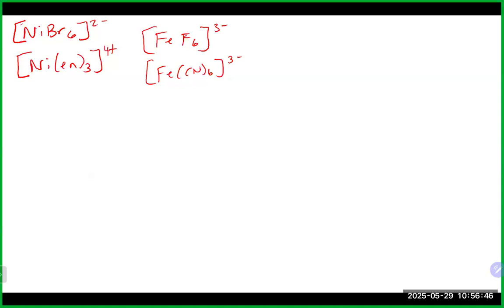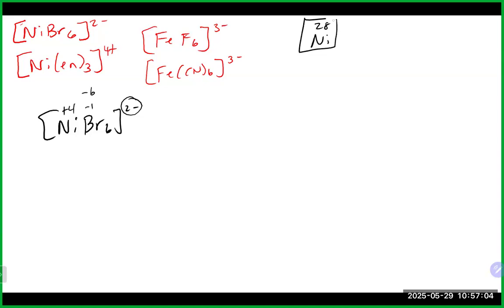So for example, if we look at one here, like our NiBr6, in this case, we have -1 for our bromine, -6. That means our nickel here has a +4. Nickel on the periodic table is 28. So if we write the electron configuration, that is argon 4s2 3d8.